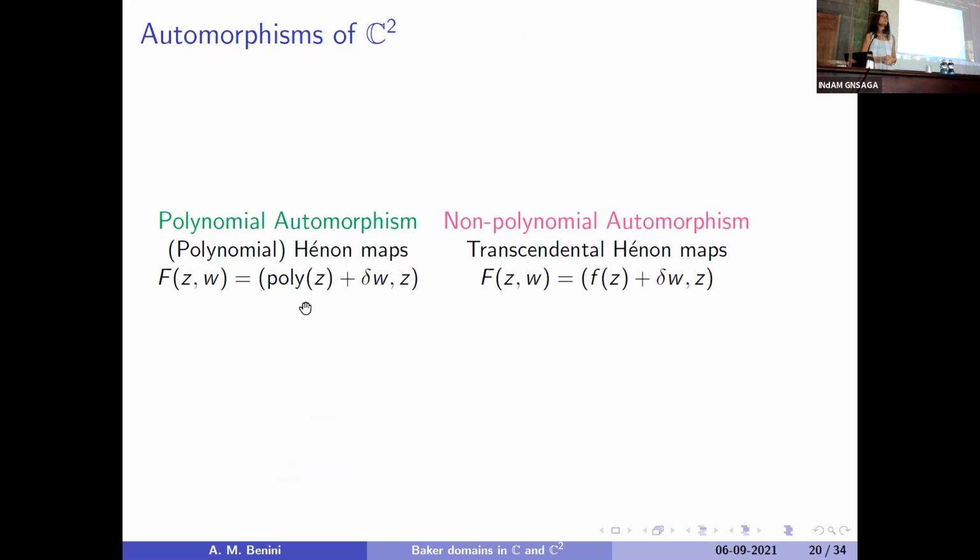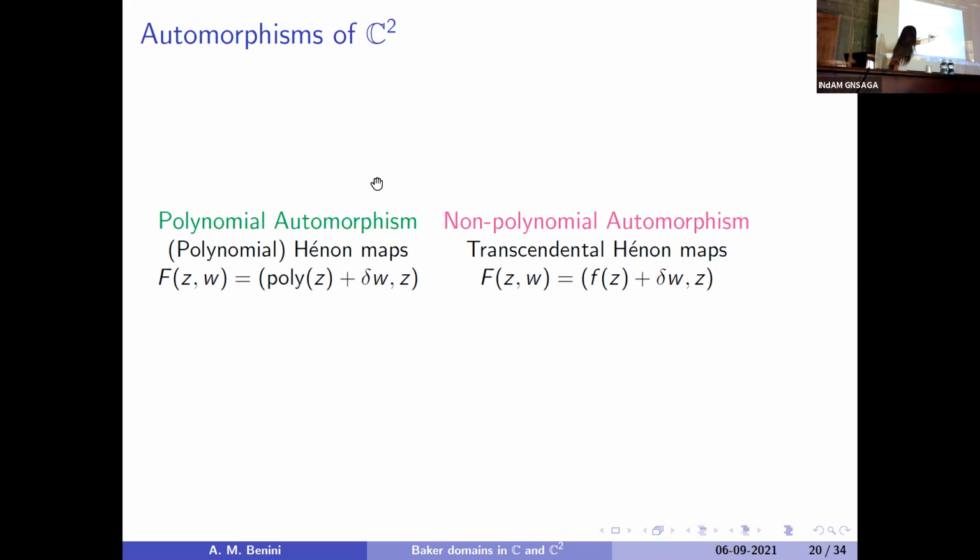Okay, let us start by looking at which maps we are considering in C2. In C, it's either polynomial or entire transcendental. In C2, we restrict to automorphisms, and we restrict to specific classes of automorphisms, which are in a sense very small, because they are maps in this form.